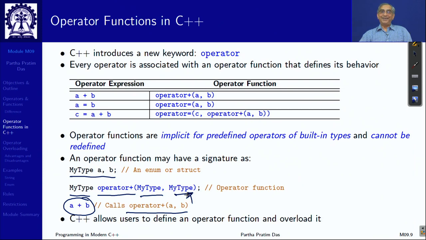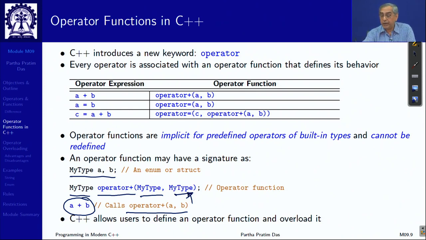You are seeing the benefit. You have your own type of data and you are doing the operation of addition, whatever that means, using a function. But now, you can change the meaning of the plus operator in the context of your my type to do what you want that operator to do.